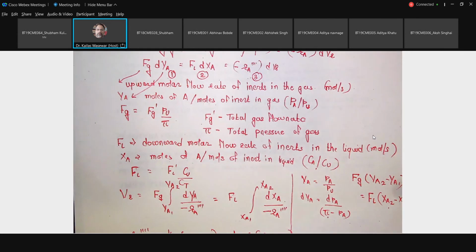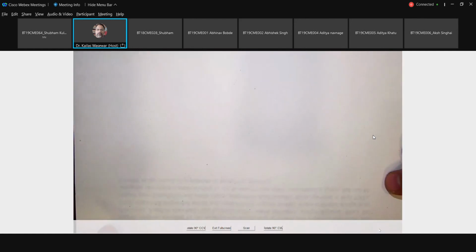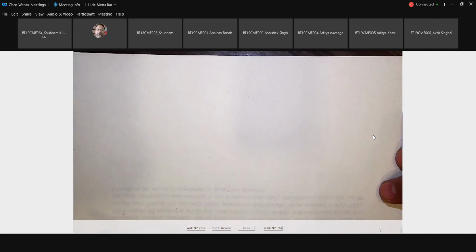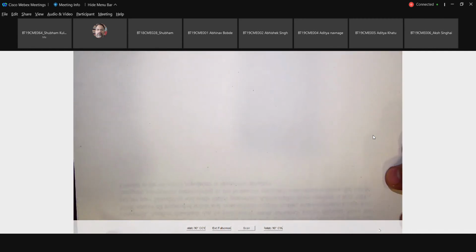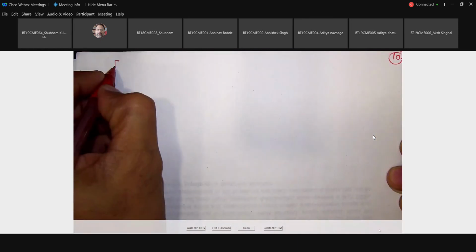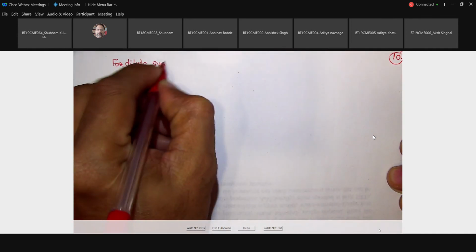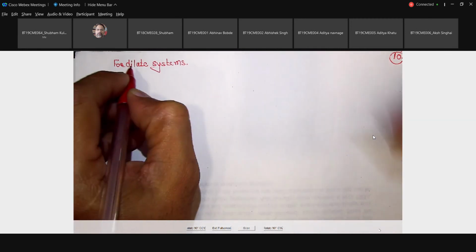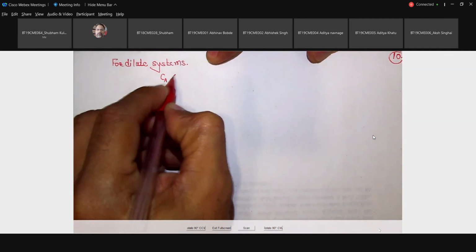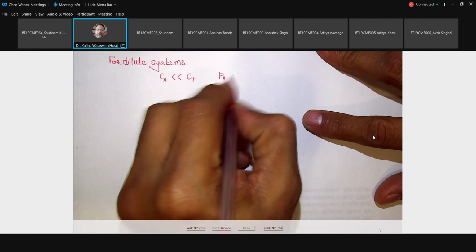We are coming for that one, dilute system. That means CA is far less than total concentration. Similarly, this PA is less than total pressure.